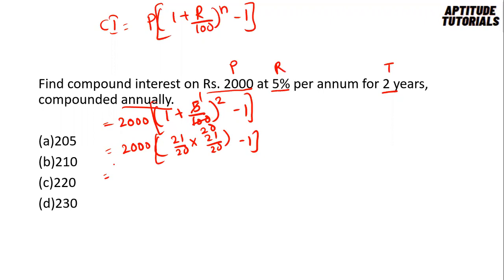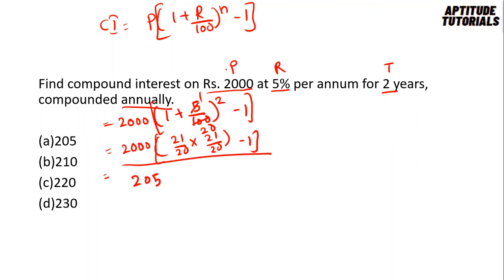So 21 divided by 20 is 1.05, guys. So 1.05 square you need to write down. 1.05 multiplied by 2 times, it is 1.1025. So I'm doing minus 1. Minus 1 is 0.1025 multiplied by 2000. So if you complete this calculation, then you'll be getting 205.